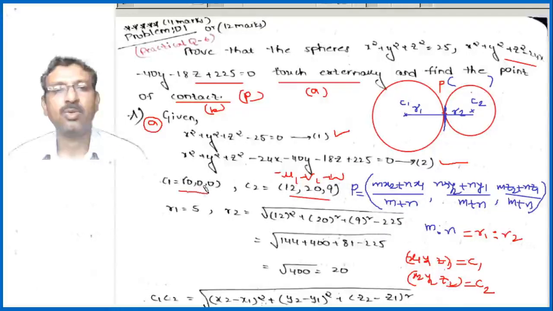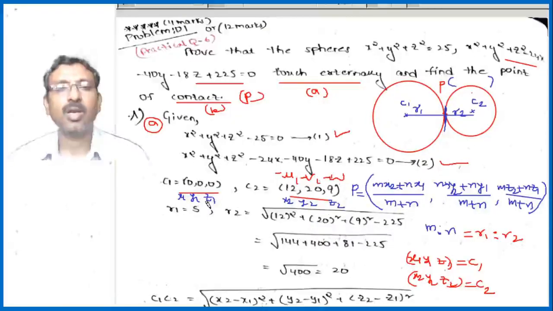We can treat these as x1, y1, z1 and this is x2, y2, z2. And also the radius.